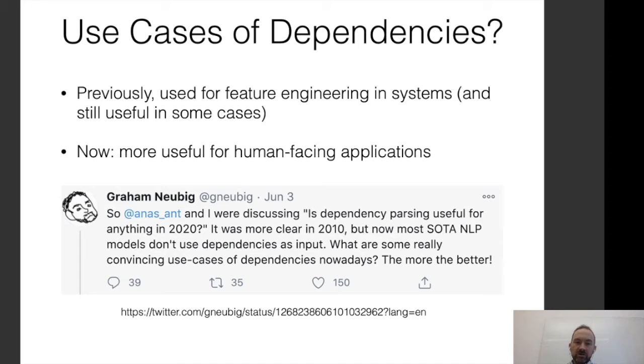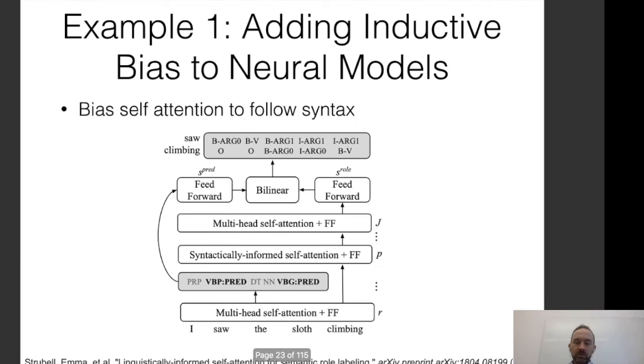I'm just going to outline some examples here, and there are many more in this Twitter thread. The first example is adding inductive bias to neural models. Basically, we would use syntax to inform our neural models to get them to act more consistently or generalize better to out-of-domain data, et cetera.